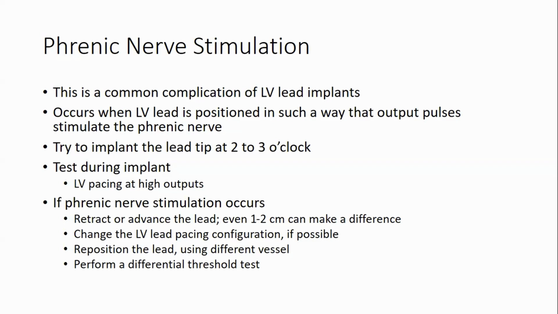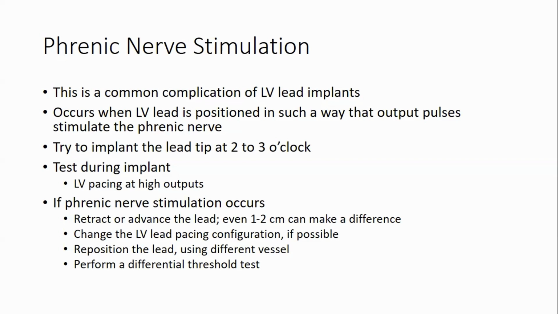So as we say, try and implant the lead tip at 2 to 3 o'clock, and we do the tests during the implant because you don't want surprises later on. If you do find that there is a twitch, then you can slightly reposition.